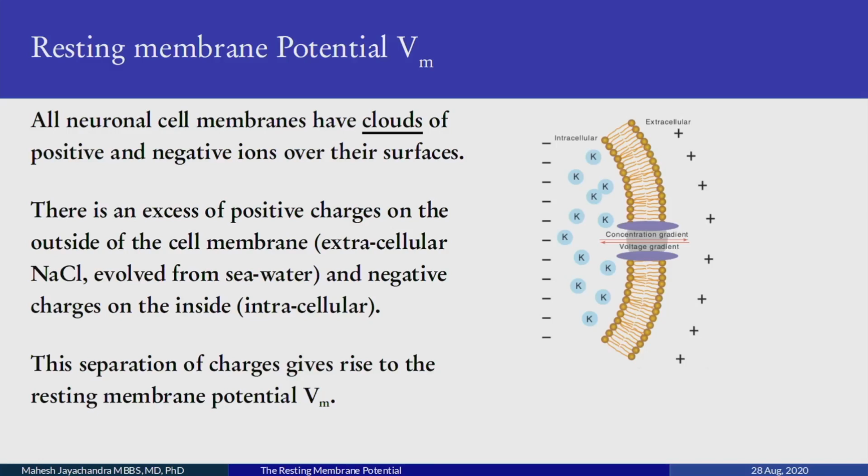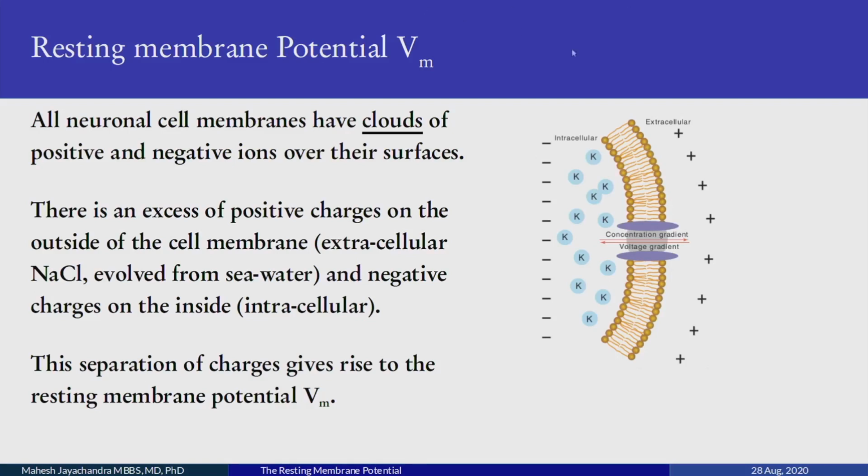There is an excess of positive charges outside the cell because we all evolved from the sea. So extracellular fluid is basically sodium chloride, NaCl, and that dissociates, so you have sodium ions and chloride ions. And then you have negative charges inside the cell. So this separation of charges gives rise to the resting membrane potential, or V subscript M.